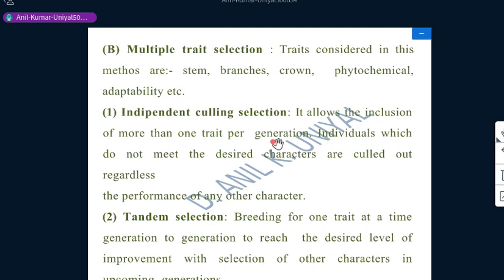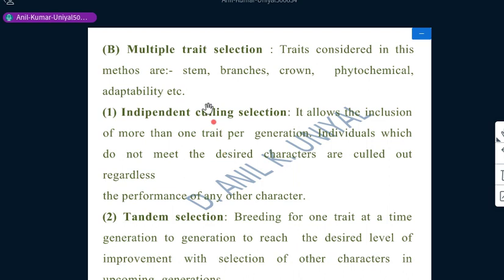Then next we have tandem selection, where breeding for one trait at a time, from generation to generation, is considered to reach the desired level of improvement, with selection of other characters in upcoming generations. This is again very simple.